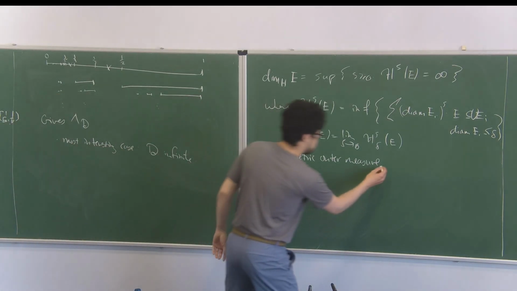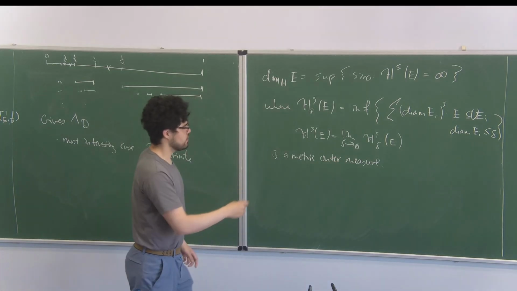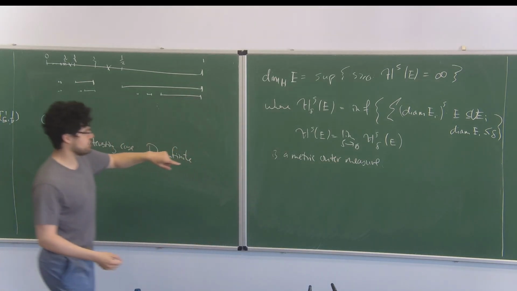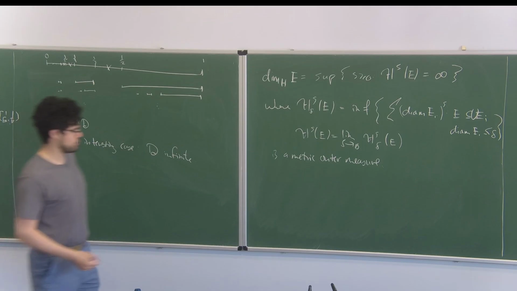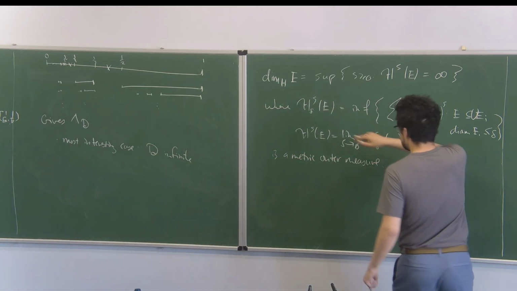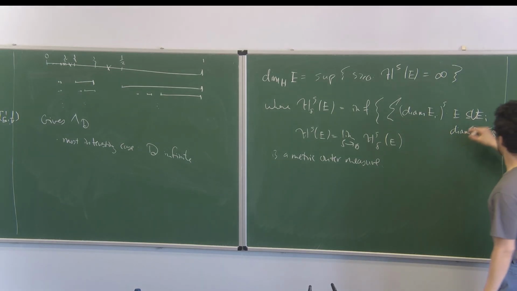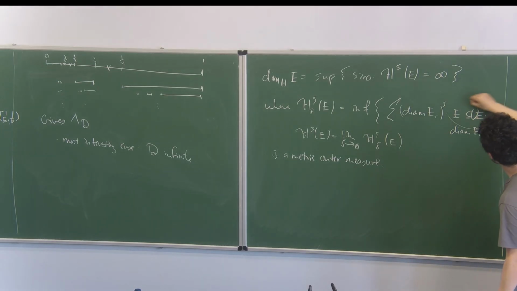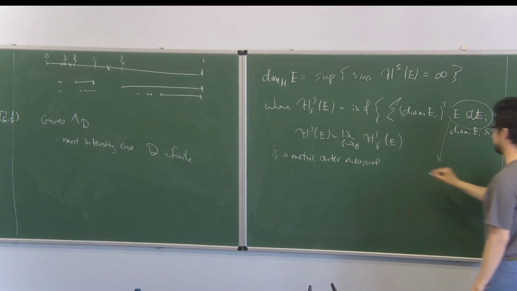So I won't talk too much about Hausdorff dimension, but I do want to emphasize this. I guess this is the feature about Hausdorff dimension that's the most relevant right now, is that the Hausdorff S measure is defined using covers. So this condition here says that we are interested in covers.